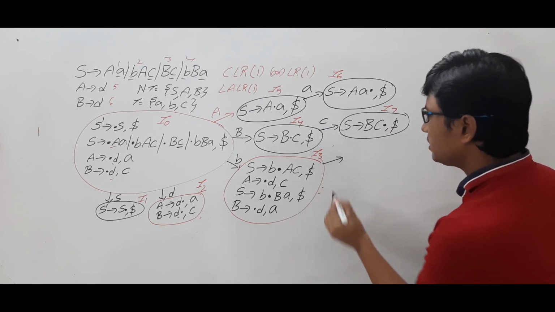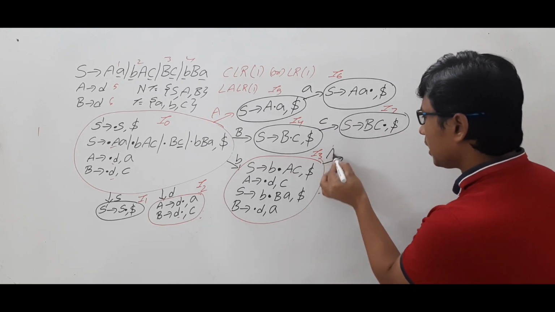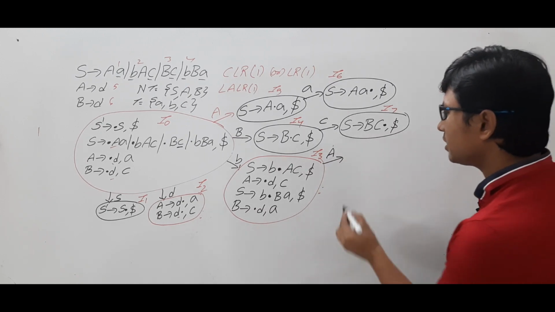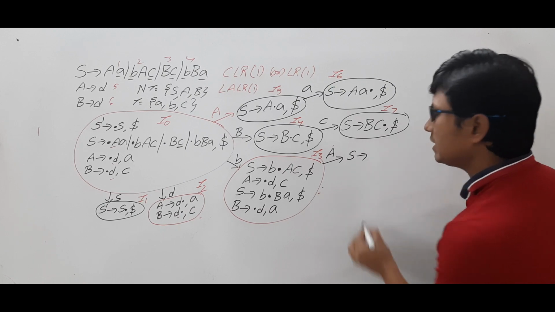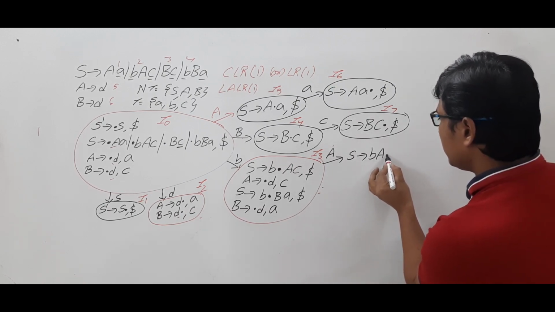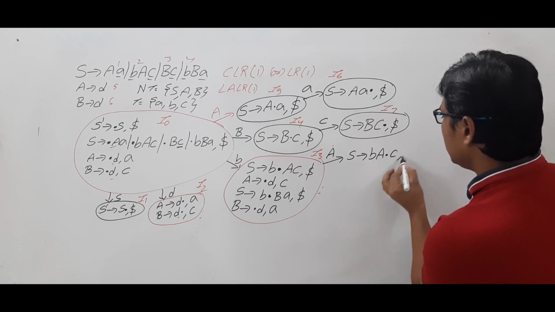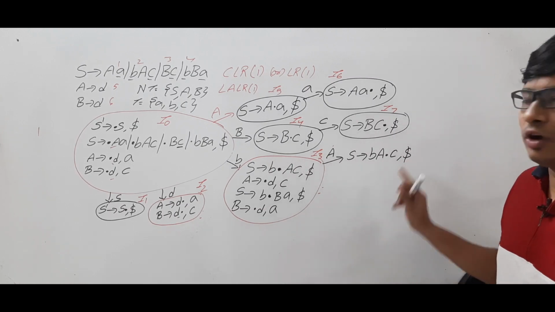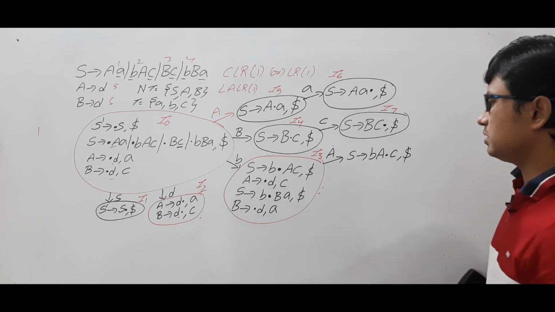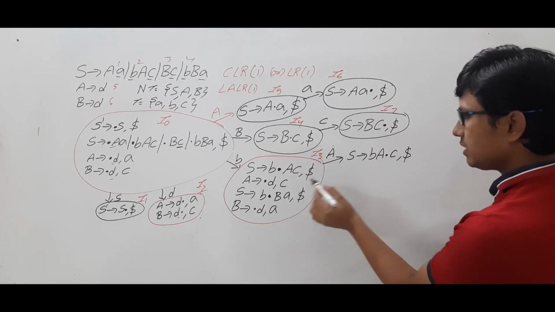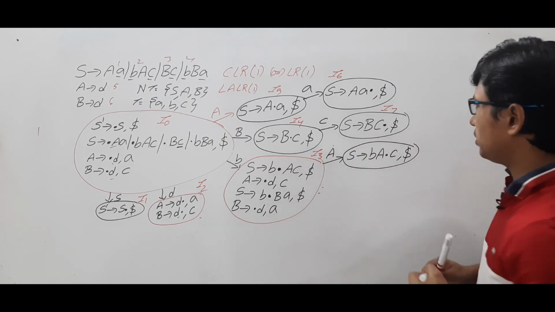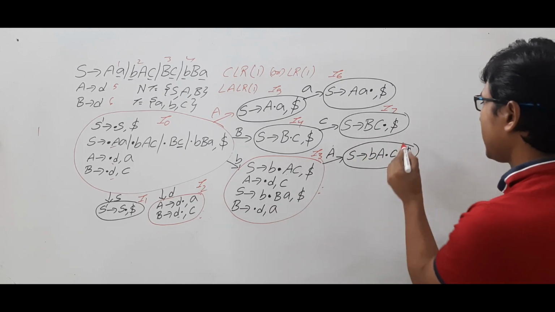Now from I3 go to on capital A, or non-terminal A, which will be S determines B A dot C dollar. Now after dot there is a terminal, so I no need to compute the closure. So anything else? Yeah, this one only. Okay, let me write this state number as I8.